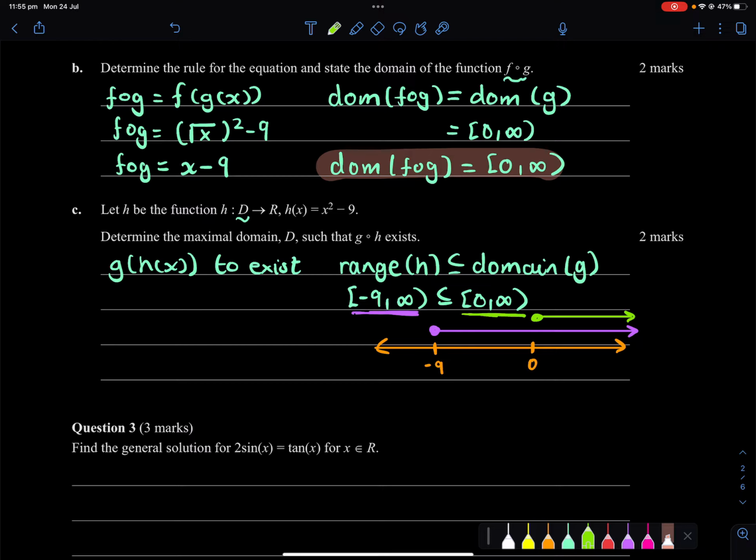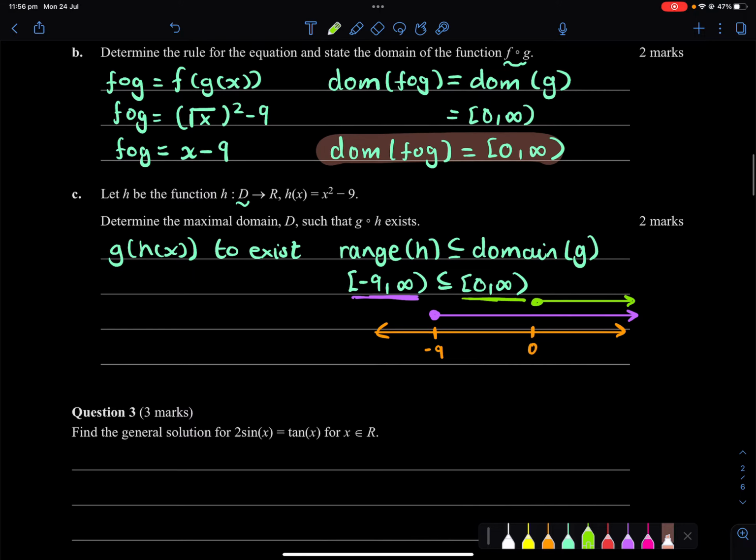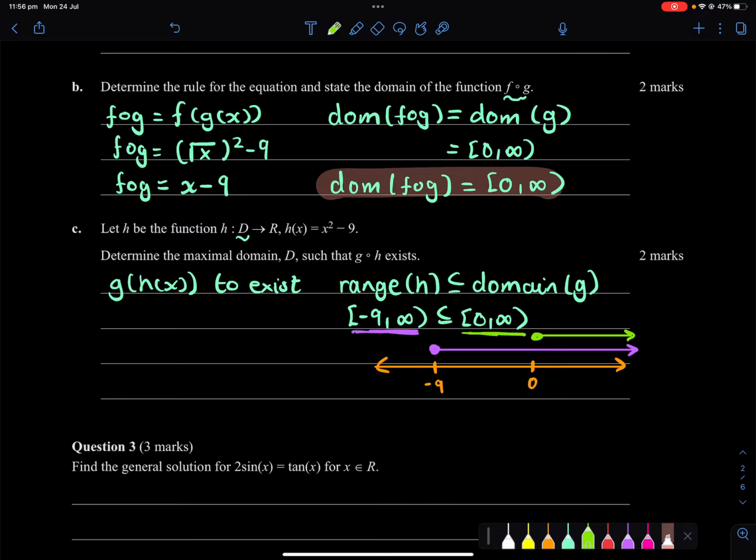Does the purple graph go into the green domain? Absolutely no. The purple line is actually bigger than the green line, so we want to restrict it to make it fit into it.